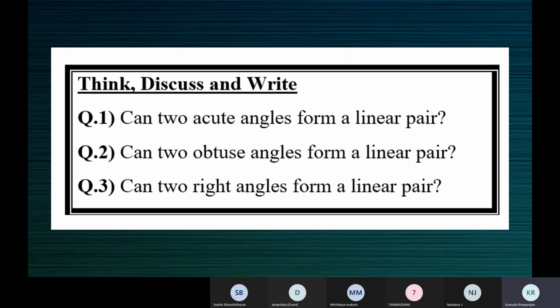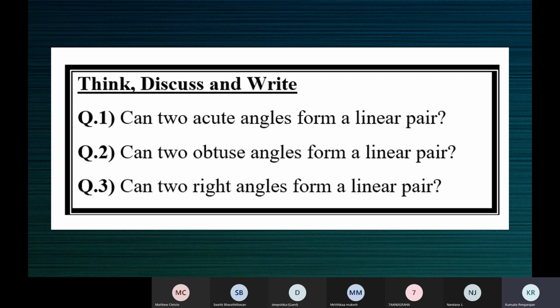When you find the sum of two obtuse angles, each one will be more than 90 degrees, so their sum will be more than 180. Again, for a linear pair, the sum should be exactly 180.